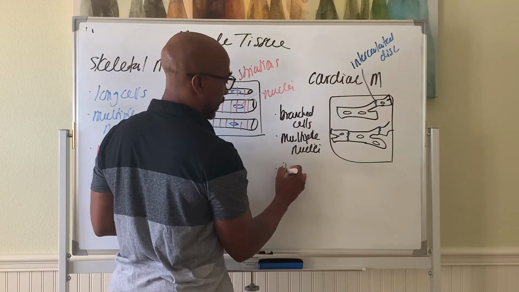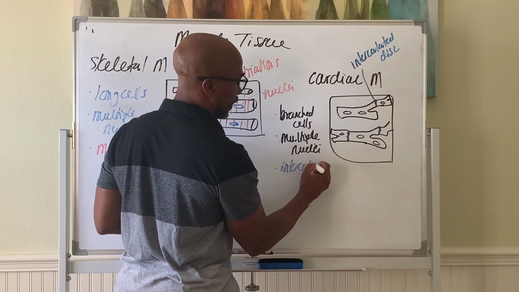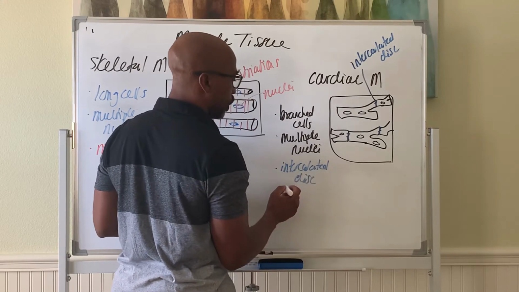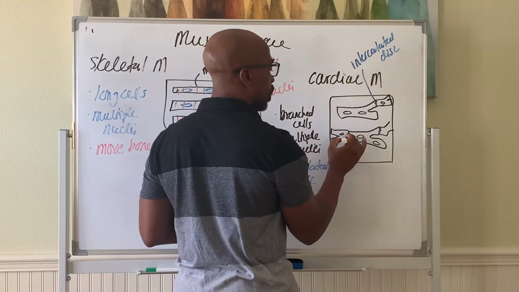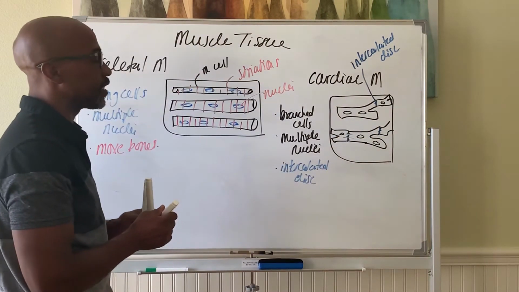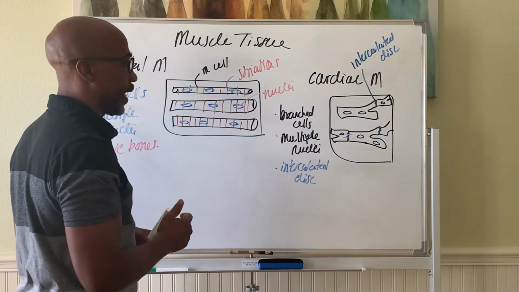That's where they meet, or basically gap junctions to allow for things to move between the cells effortlessly. So they all have the same composition, more or less.